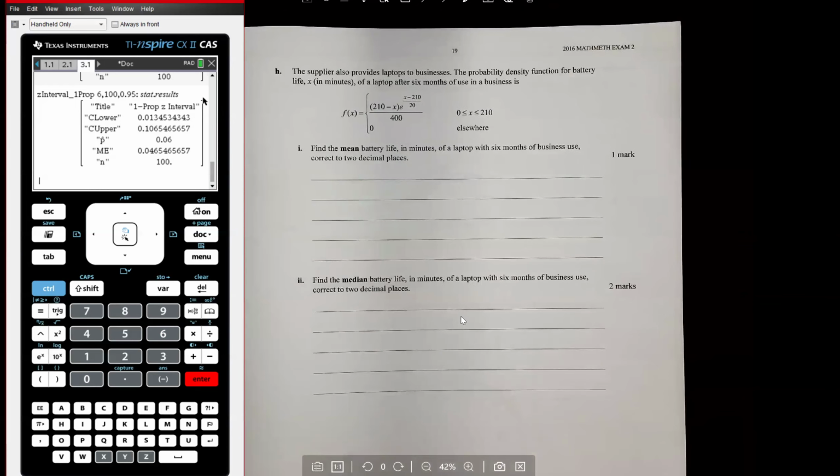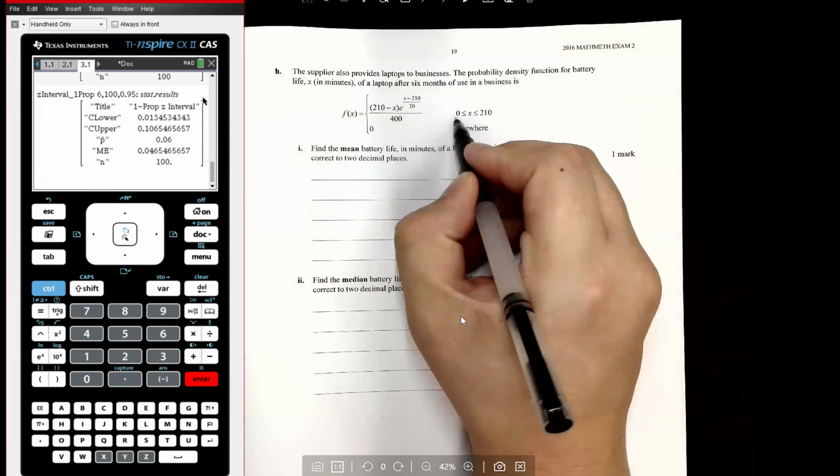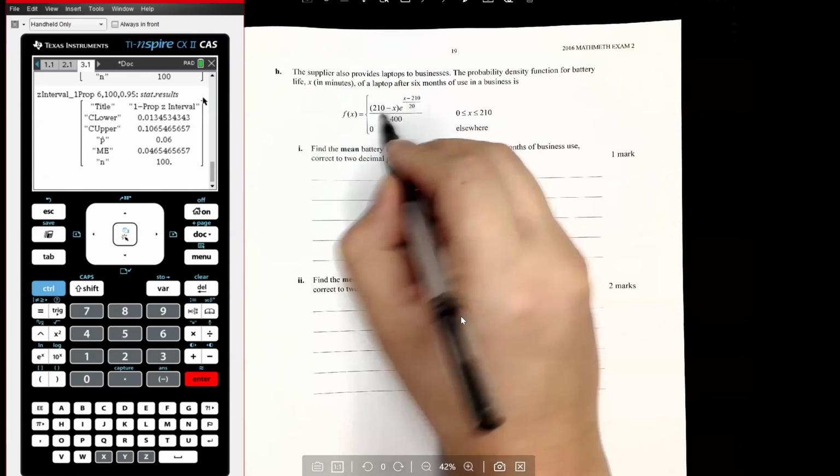All right, last part. If you look at the 2016 exam reports, the question did have a little bit of a problem. If you integrate the function from 0 to 210, it doesn't give you exactly 1.